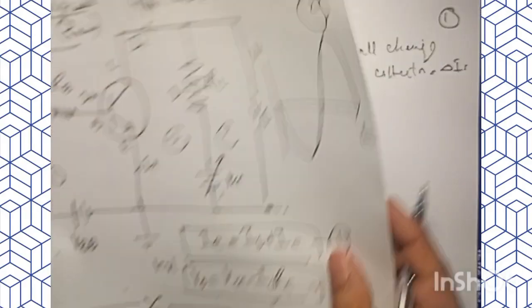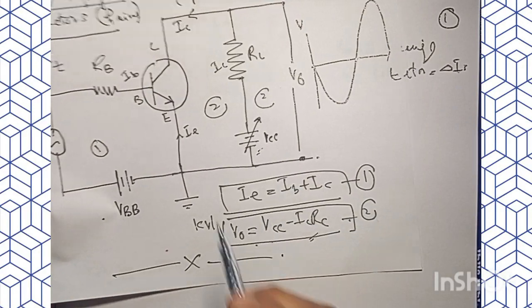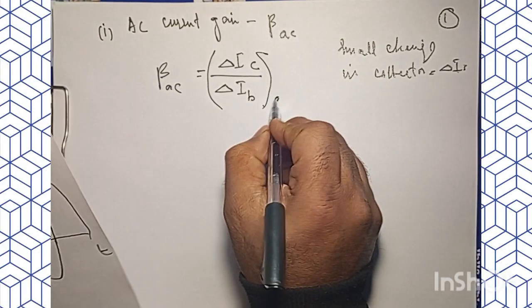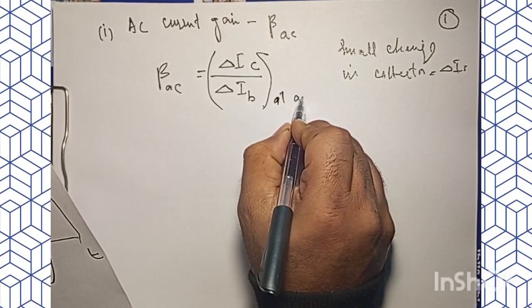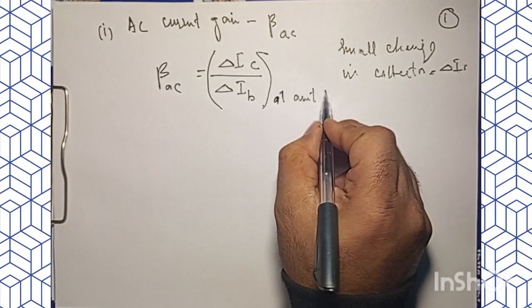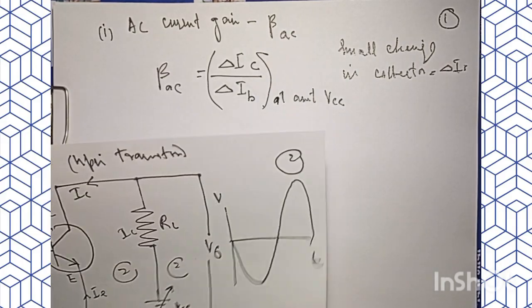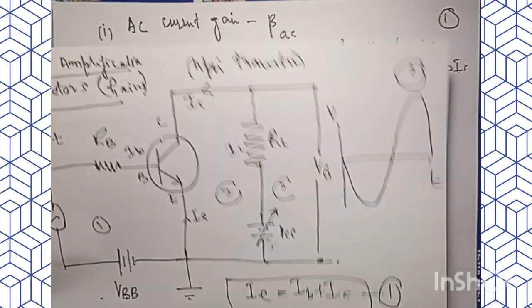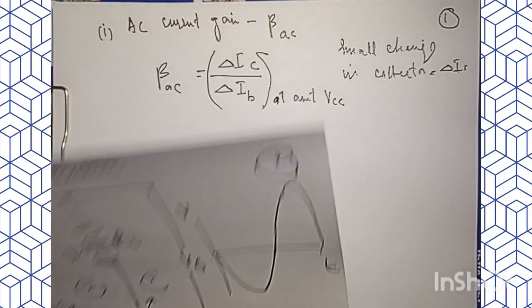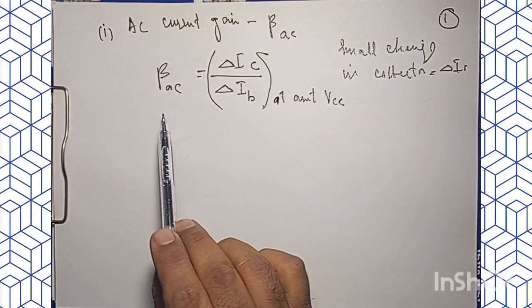For this circuit, we can take that as VCC or VCE, so I will say at constant VCC. Now this is my beta AC.